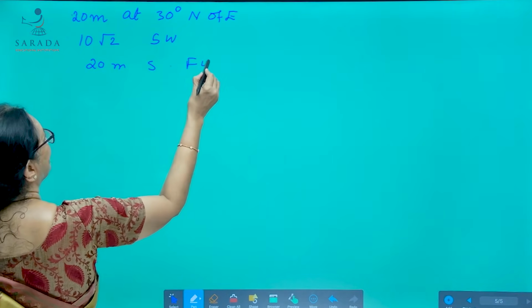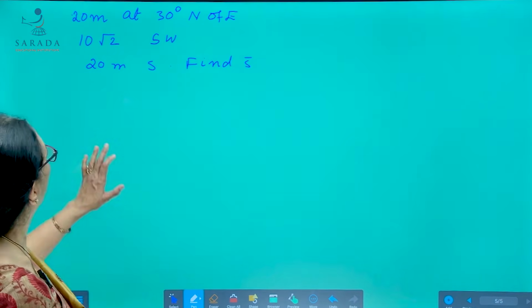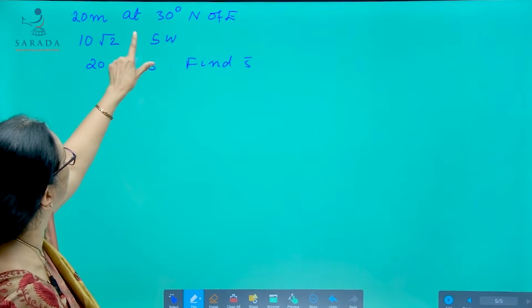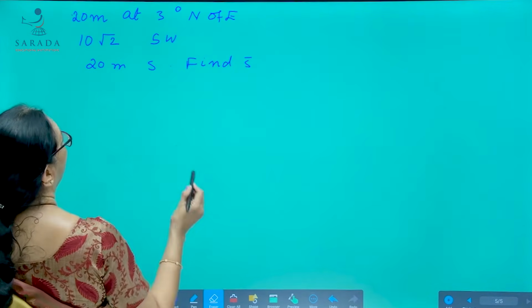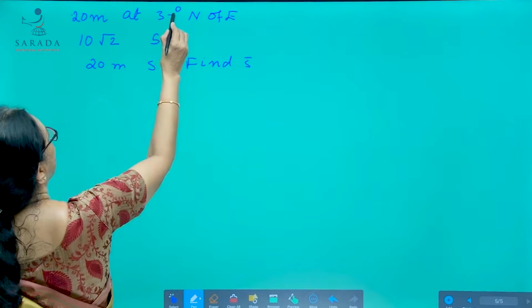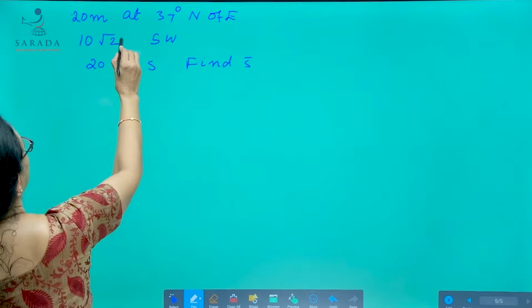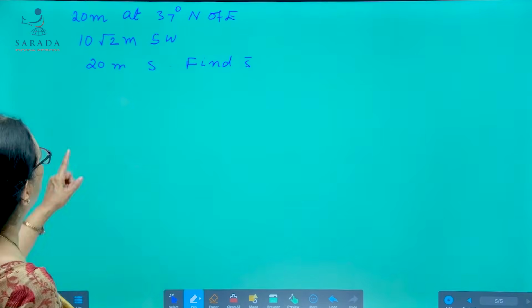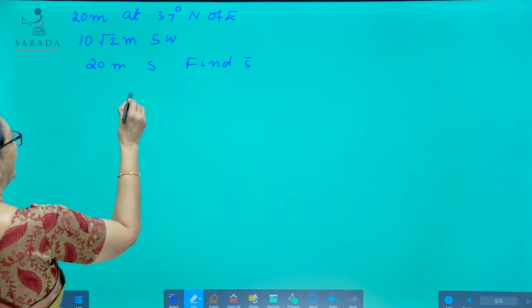Find its displacement. So, here a body moves 20 meters at 37 degrees north of east, 10 root 2 meters southwest and then 20 meters south. Find its displacement.